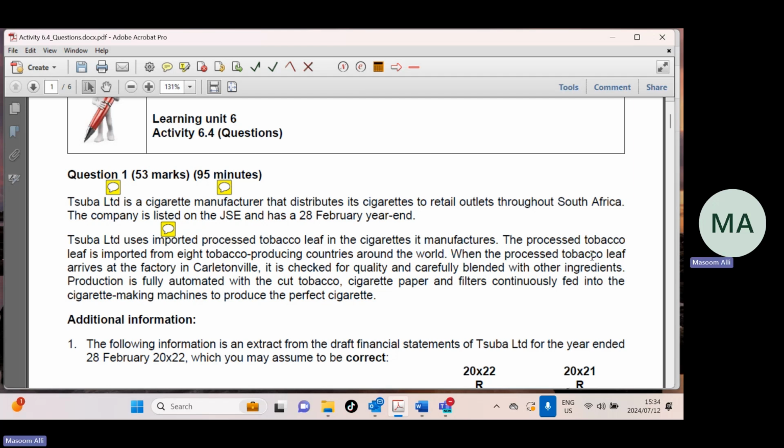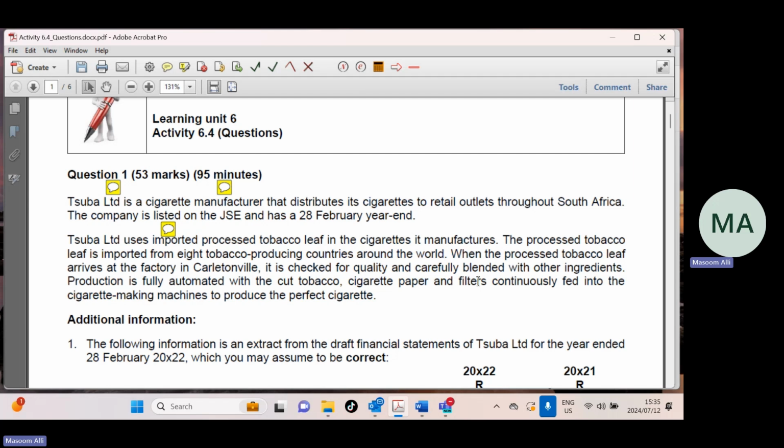So when the pressed tobacco leaf arrives at the factory in Carltonville, it is checked for quality and carefully blended with other ingredients, which is fine. So that tells us that there are other raw materials that we need to take into account. Production is fully automated with the cut tobacco, cigarette paper, and filters continuously fed into the cigarette making machines in order to produce the perfect cigarette.